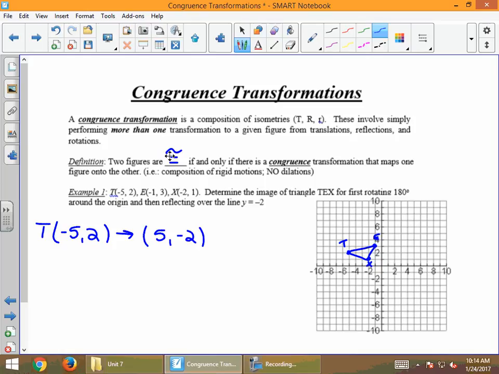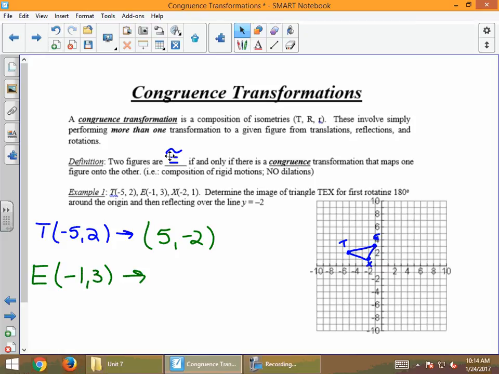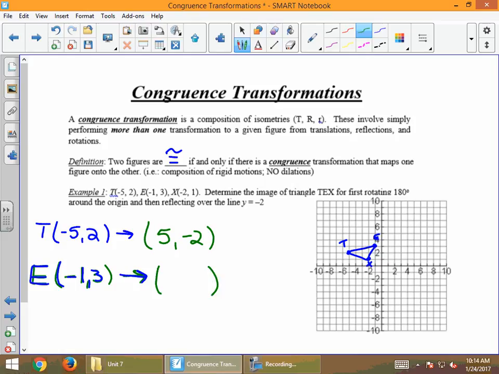So I'm going to color coordinate this a little bit better. Green. Right. So E is negative 1, 3. When we do a 180 degree rotation, we don't flip it, we just change the sign.